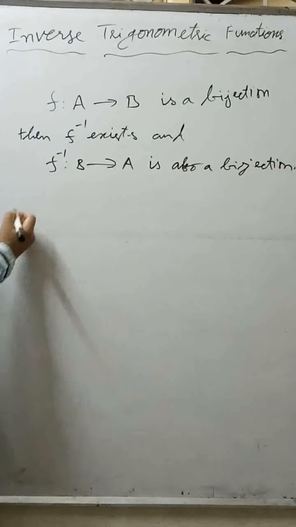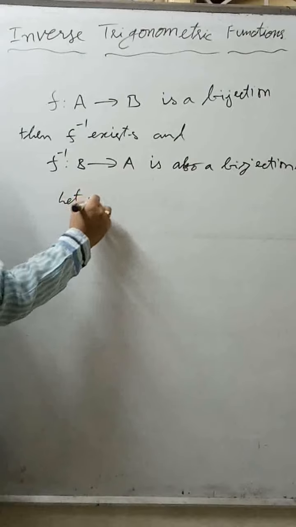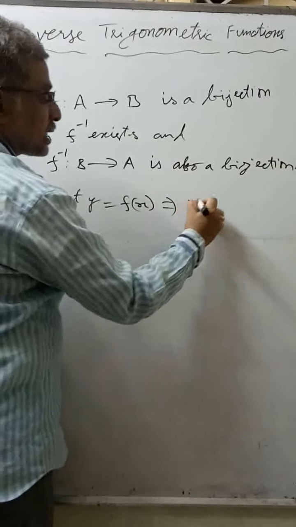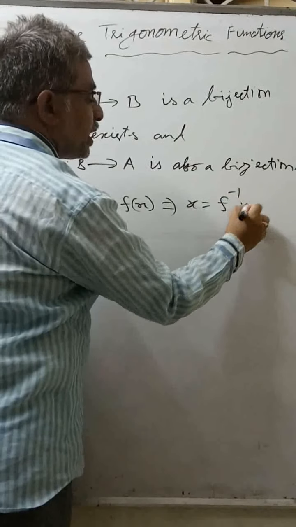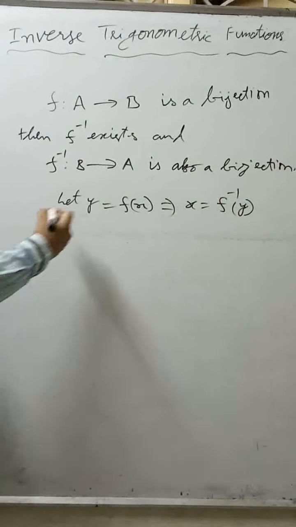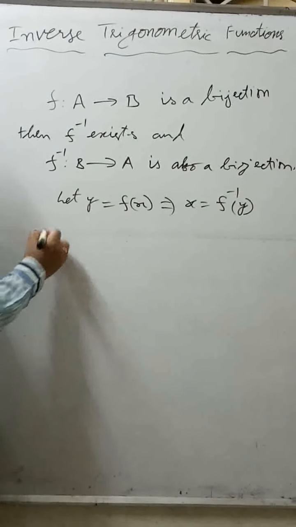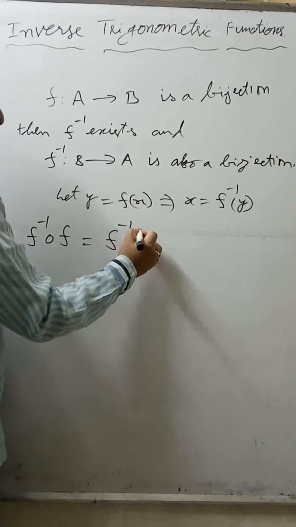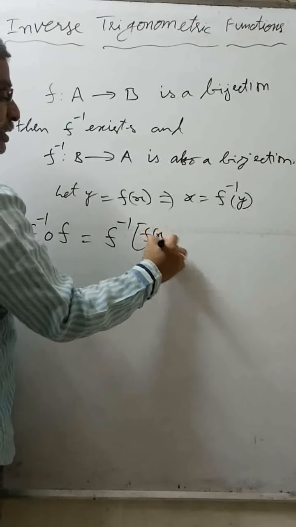Let y equal to f of x, which implies x equal to f inverse of y. From this we discussed that f inverse circle f is nothing but f inverse of f of x.